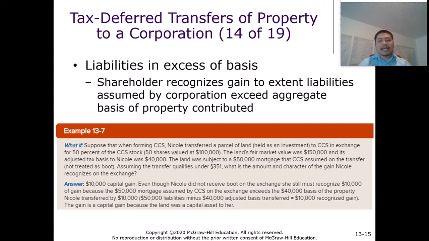And what is the amount and character of the gain that Nico recognizes on the exchange, right? In this case, the corporation is assuming her liabilities of $50,000, right?